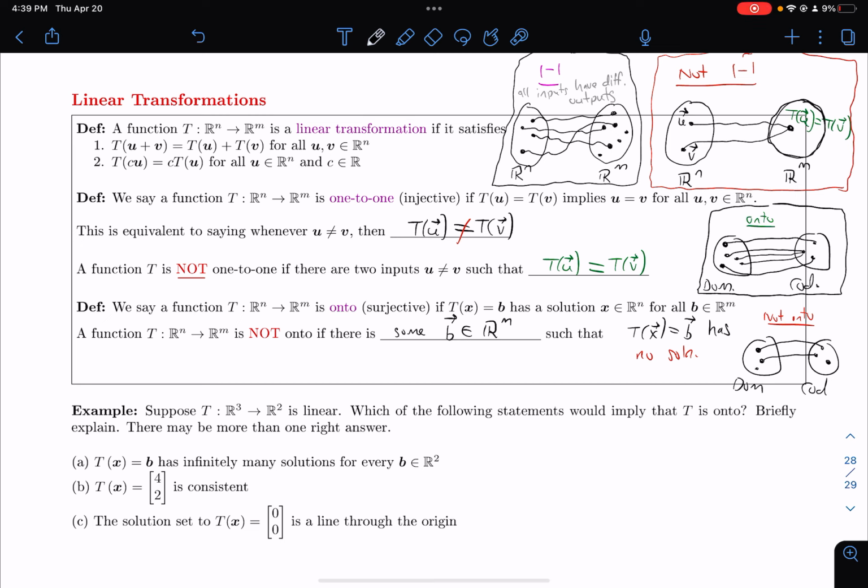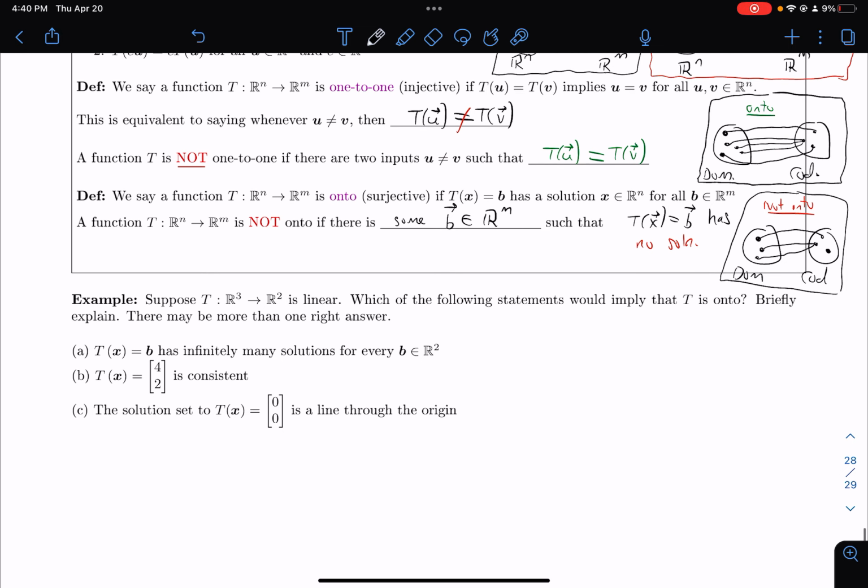Maybe there's multiple things that reach some of these. But there's at least one thing in the codomain that never gets reached as an output. That would not be onto. Okay, so I think having those pictures in mind is helpful in getting a better visual understanding of what these terms mean. Let's look at a practice problem.